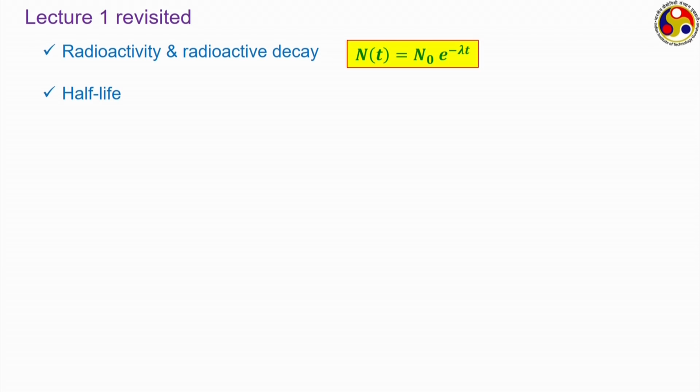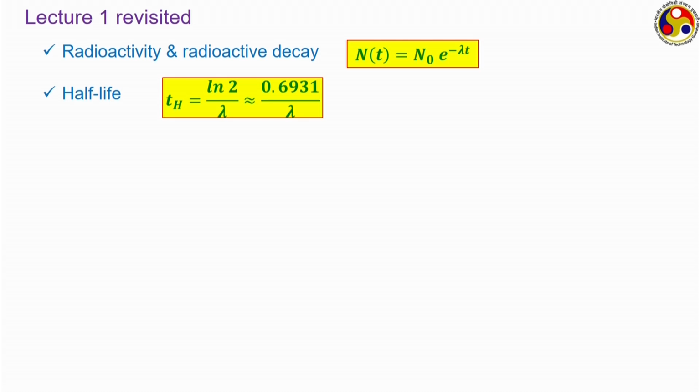And this half life is related to the decay constant by a simple relationship, or you can say the half life is inversely proportional to the decay constant. Now, half life is a very important parameter for any radioisotope, because each isotope has its unique value of half life, and the unit of half life of course is time, but it has a very wide range to cover.